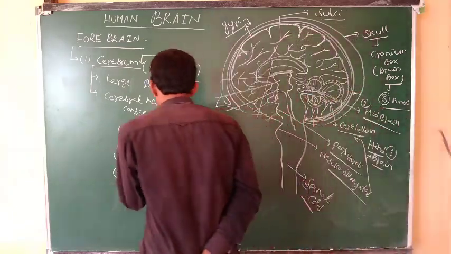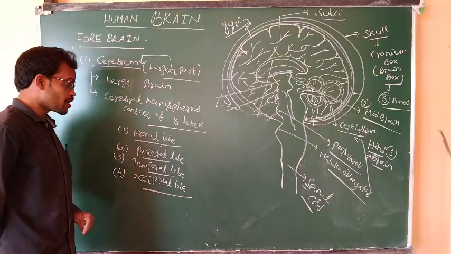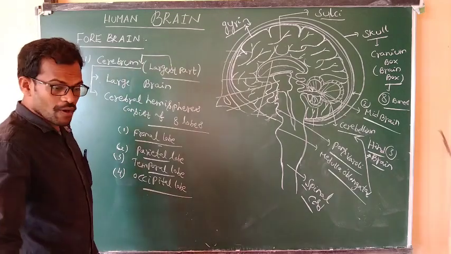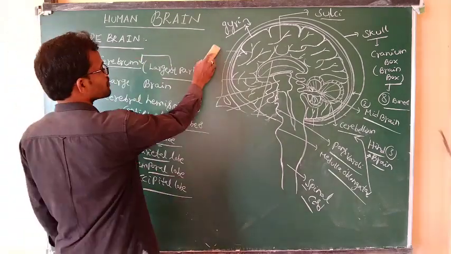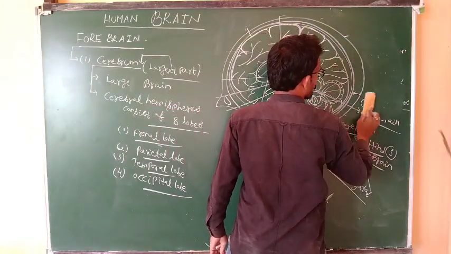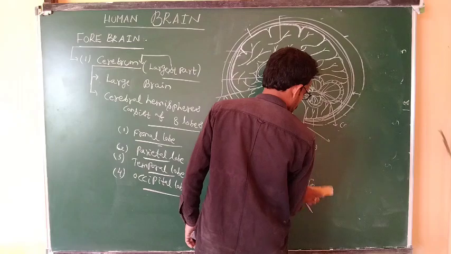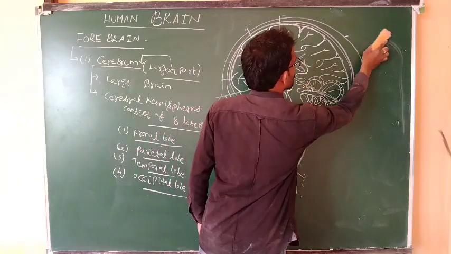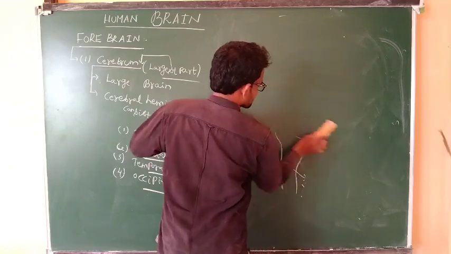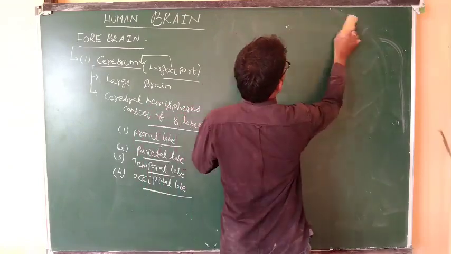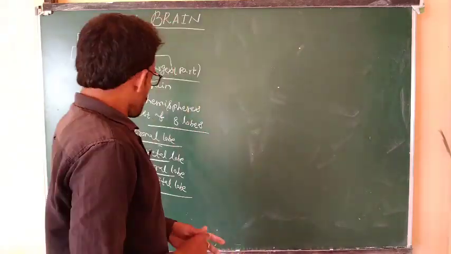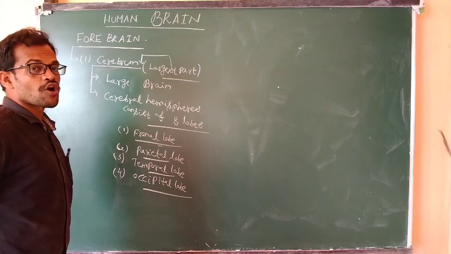What is the function of the frontal lobe, parietal lobe, temporal lobe and occipital lobe? Each cerebral hemisphere consists of how many lobes?